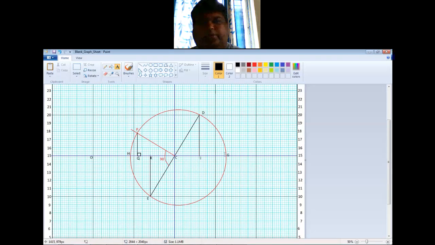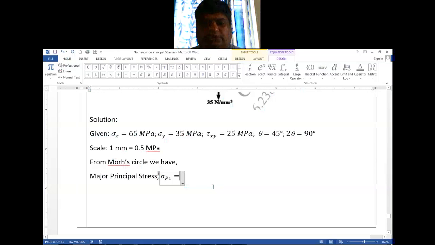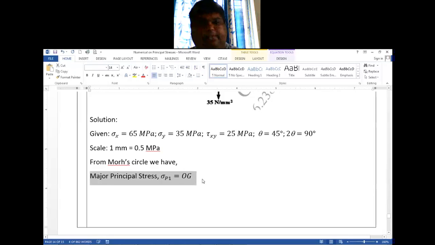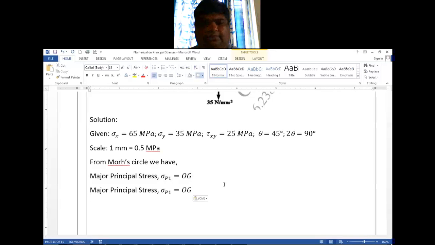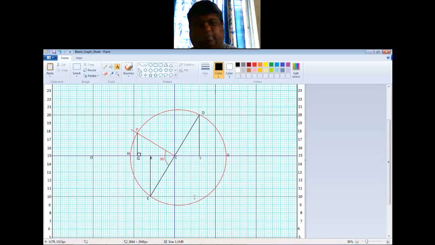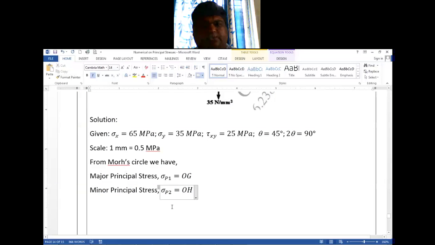This is the origin, from here to this end, that is your major principal stress. So you have to convert this into scale. Then minor principal stress, sigma P2 is OH, right? OG, OH. That is your principal stresses.